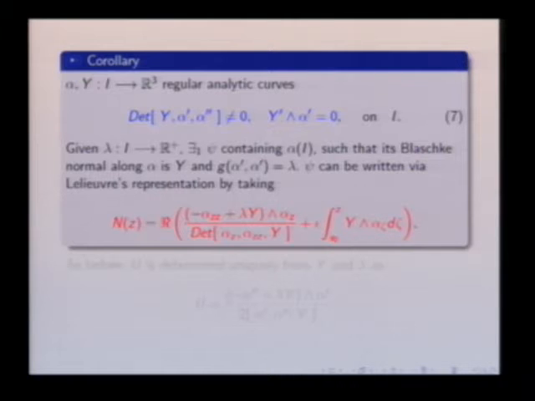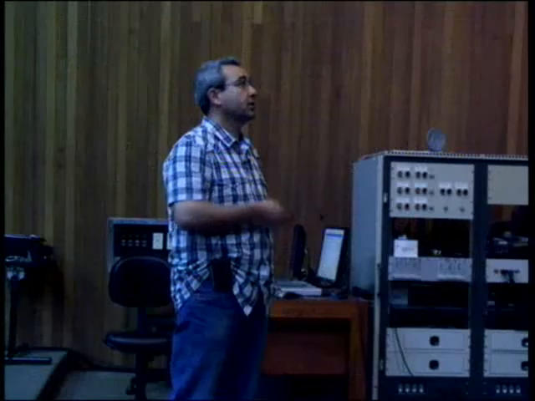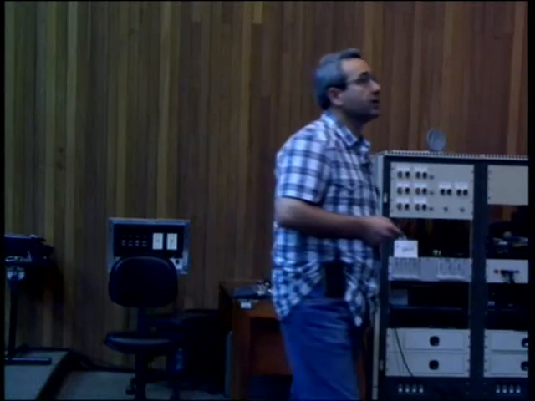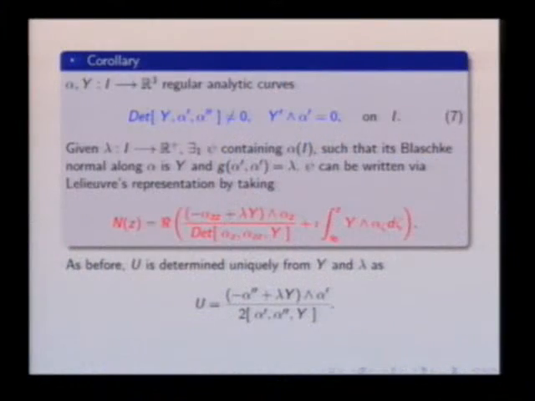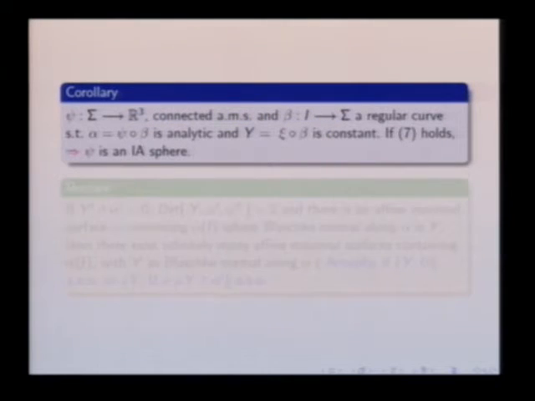The proof again follows in an easy way from the above existence theorem, because in that condition we can represent u using only the curve alpha and the curve y. I would also like to mention that for an affine maximal surface we have the following property.